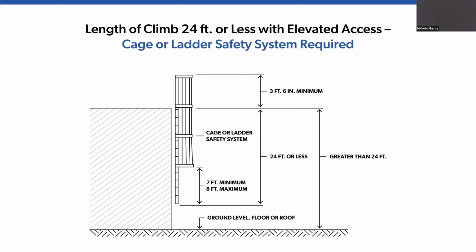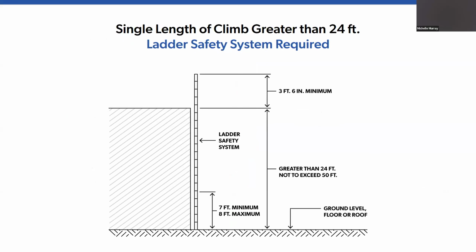For a length of climb of 24 feet or less with an elevated access, a cage or a ladder safety system is required. So anything, even if it's off the ground, will require a cage or ladder safety system. A single length climb of greater than 24 feet will require a ladder safety system.